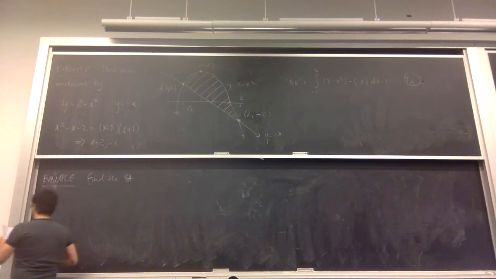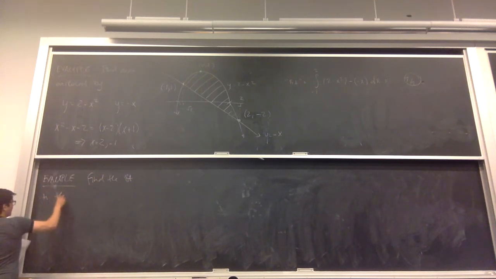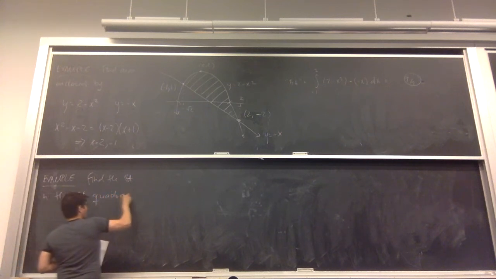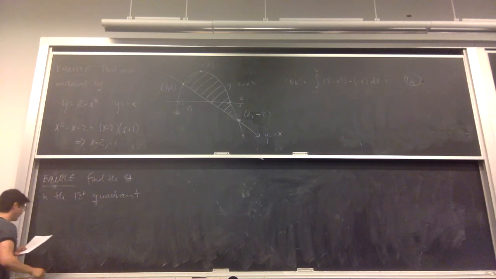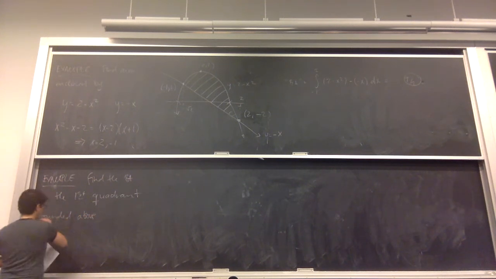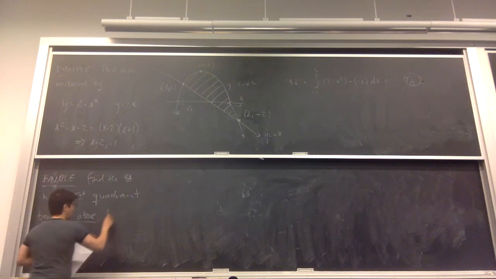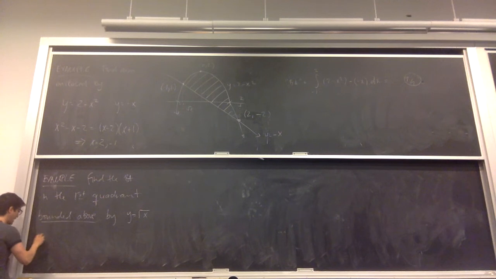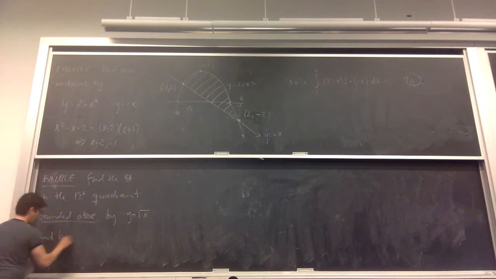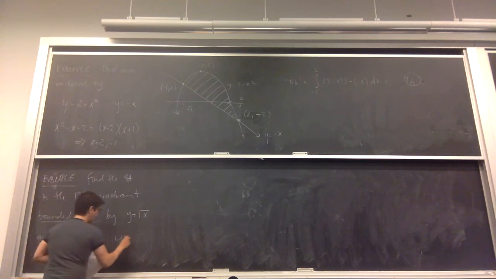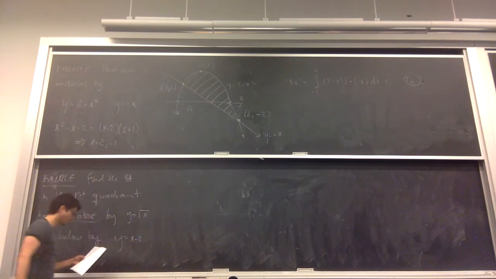Find the bounded area in the first quadrant, bounded above by y equals root x, and below by y equals x minus 2.